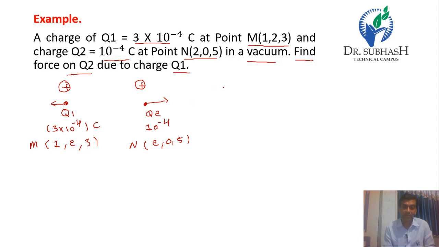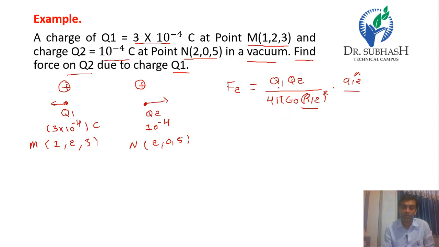Now as per Coulomb's law, the force on charge 2, represented by F2, is equal to the product of the charges upon 4 pi epsilon 0 r12 square into the a12 direction. If we find r12 and a12, then we put the values of q1, q2 and 4 pi.